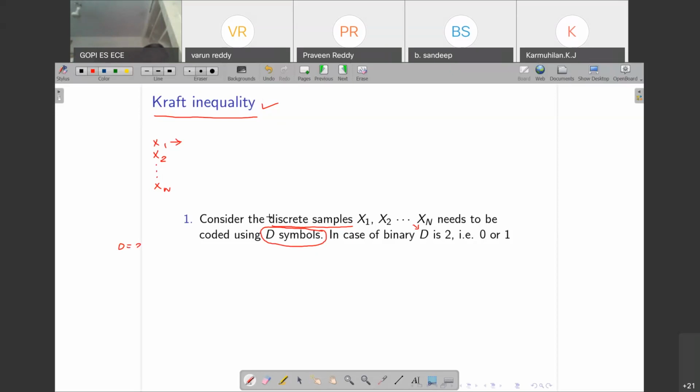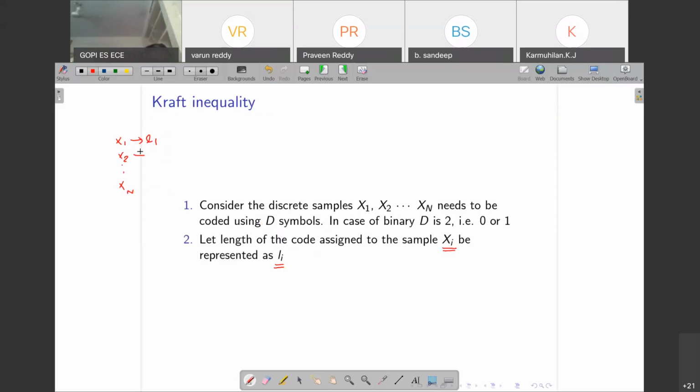W is basically the number of samples coded with length 1. For example, let me take x1, x2, x3, and then x4. Let me have the probability as 0.5, and this is probability 0.25, the same for the others, 0.25 and 0.25.